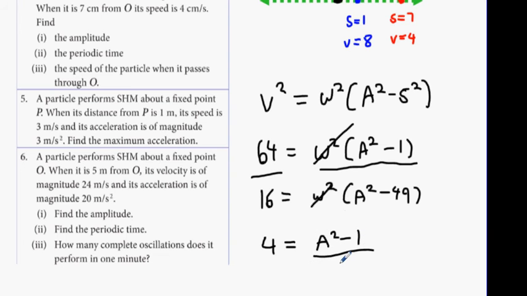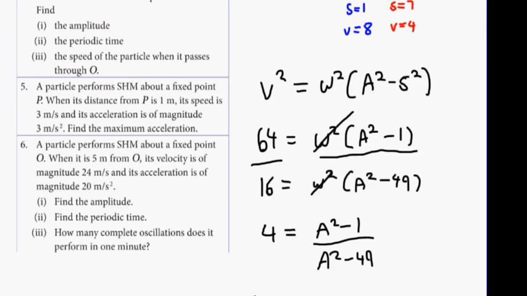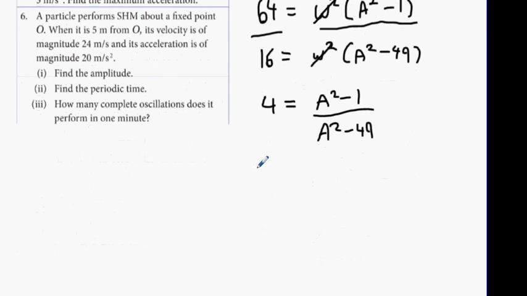So 4 equals A squared minus 1 over A squared minus 49. We're about to get a quadratic equation of some sort, don't know which type yet. Cross multiply. 4A squared, what's 49 times 4? 196, is it? Bring the A squared to the left, 5A squared. Bring the 196 to the right, 195.